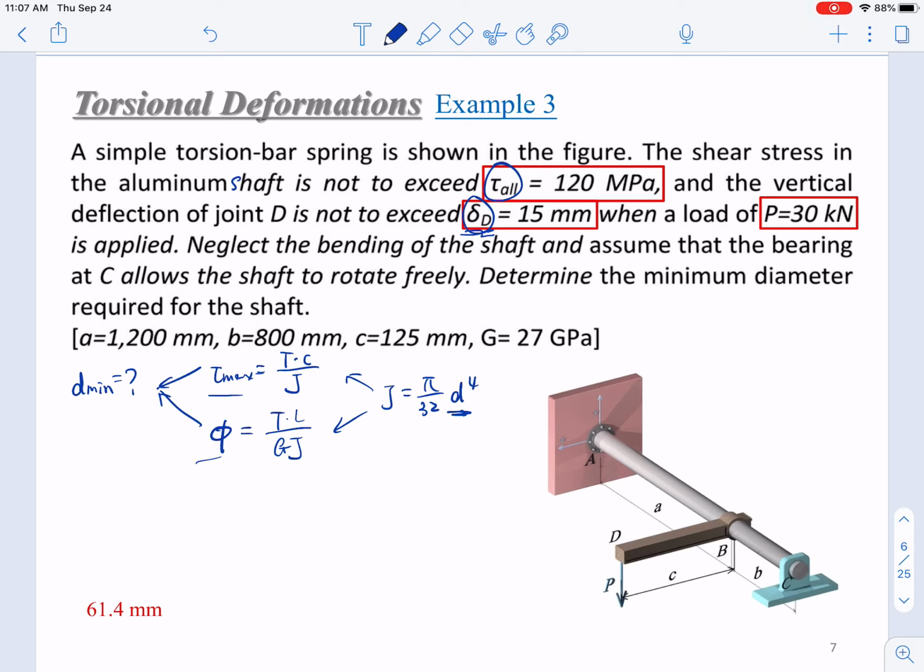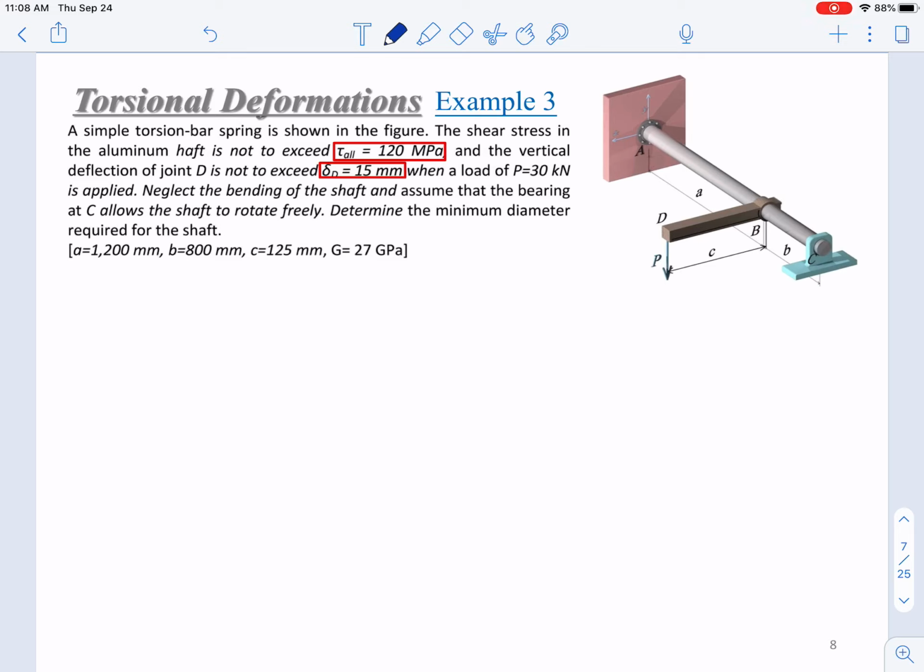Above all, let's determine those constants first. We need to use the T to calculate both shear stress and deformation. So what is the torque T? When the P is applied, P is 30 kilonewton, and it has an arm C. This is the arm.